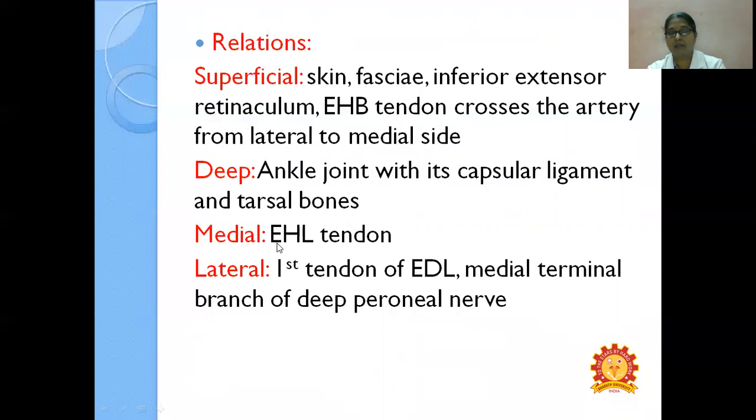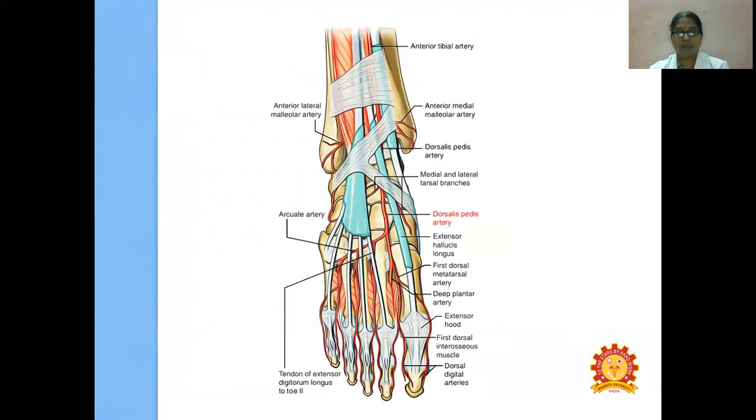Medially, it is related to the extensor hallucis longus tendon, whereas laterally, it is related to the first tendon of extensor digitorum longus and the medial terminal branch of the deep peroneal nerve. So these are the relations of the dorsalis pedis artery with the surrounding structures. See in this picture, this is the dorsalis pedis artery and the structures surrounding it.